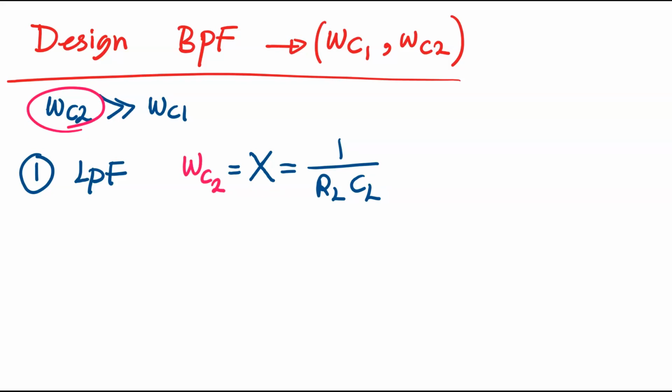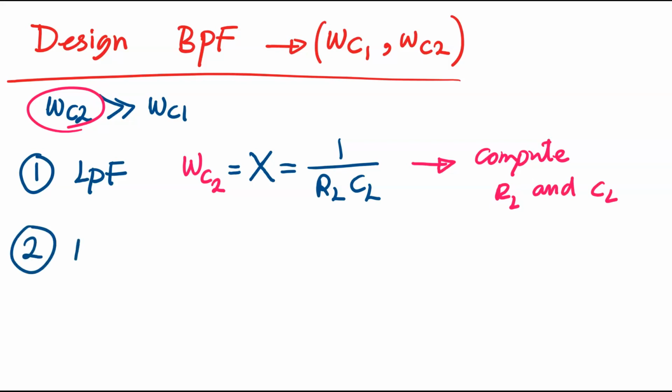So my omega C2 is equal to 1 over RL multiplied by CL, and that means that I can calculate my RL and CL here.